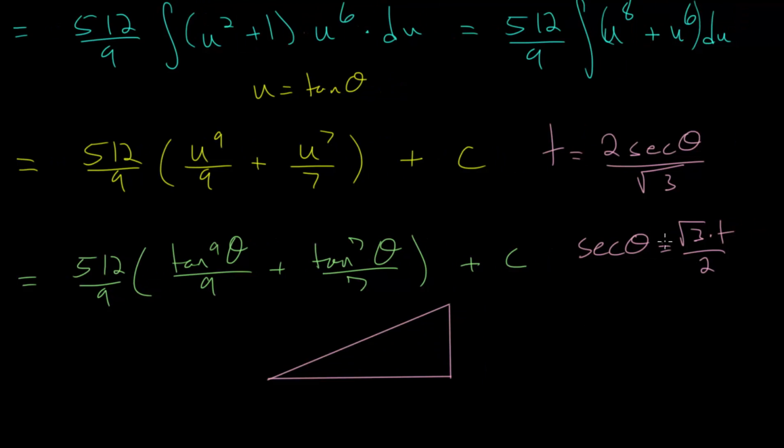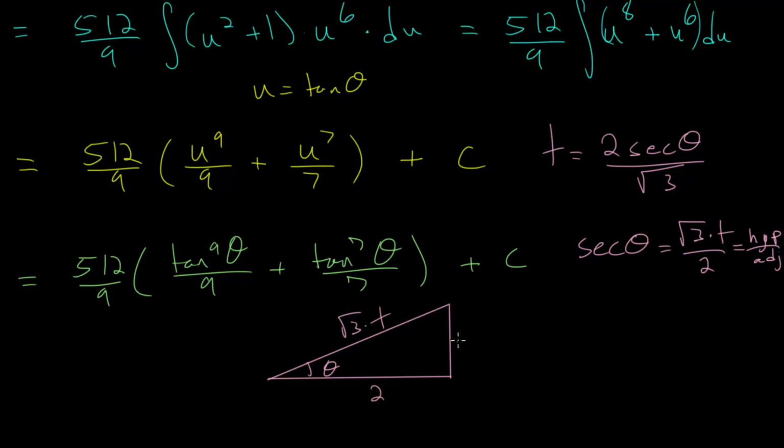And remember that secant is related to the cosine function. And since cosine is adjacent over hypotenuse, secant would be the hypotenuse over the adjacent. And let's say this is our angle theta right here. So the hypotenuse is this root 3 multiplied by t, and the adjacent is 2.